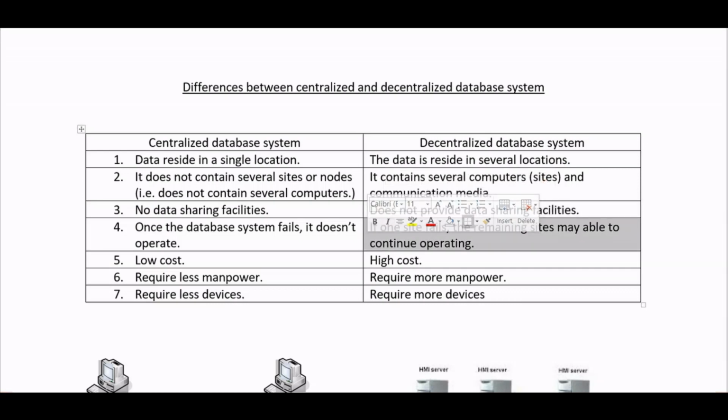If one site has failed, then other servers are in a working process. It requires high cost because multiple devices need to be installed, and more manpower is needed to configure and manage those devices.